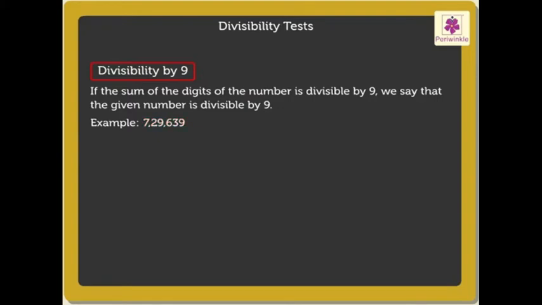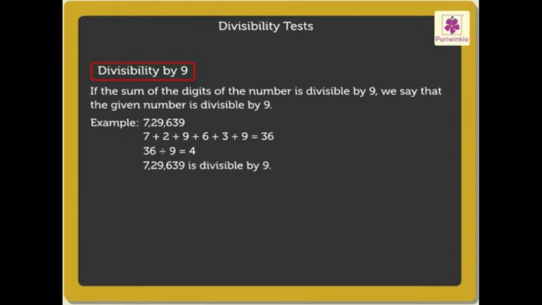Here, on adding the digits 7, 2, 9, 6, 3 and 9, we get the sum as 36, which is divisible by 9. Thus, 7,29,639 is also divisible by 9.